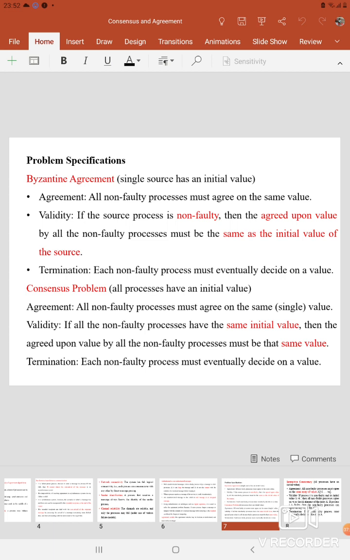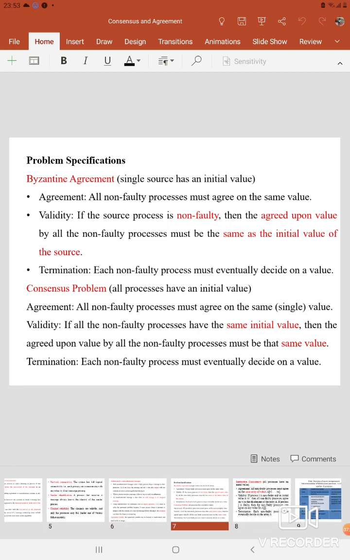For validity, if all the non-faulty processes have the same initial value, then the agreed upon value by all the non-faulty processes must be that same value. And termination: each non-faulty process must eventually decide on a value.